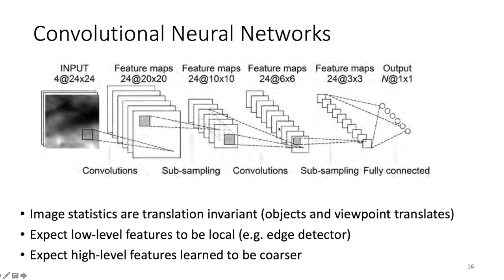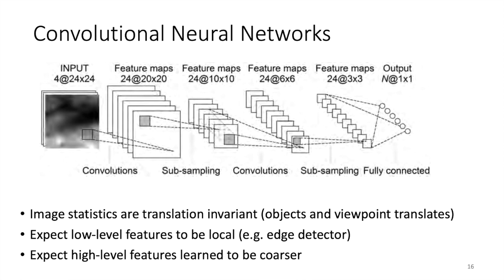They contain a number of filters with a specific width and height, and these can convolve through your input image and extract low-level features, and going further deep into the network, you can have higher-level features.